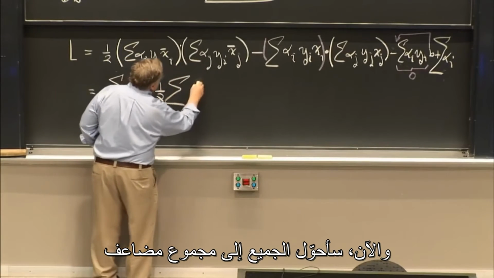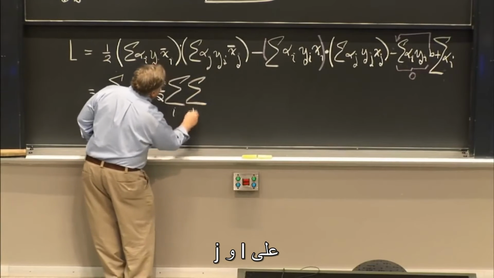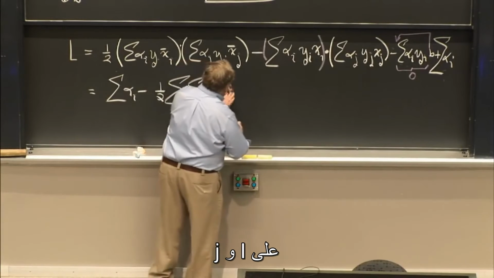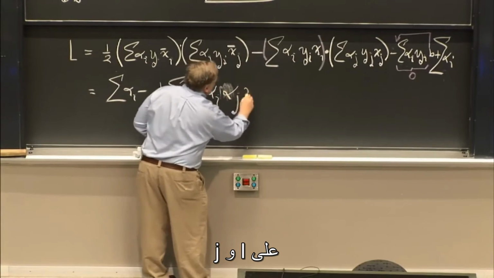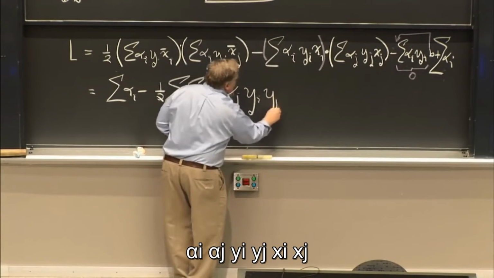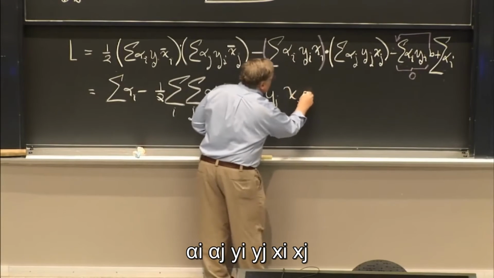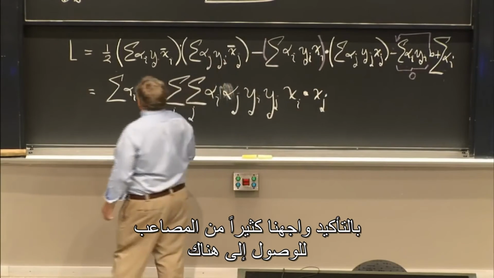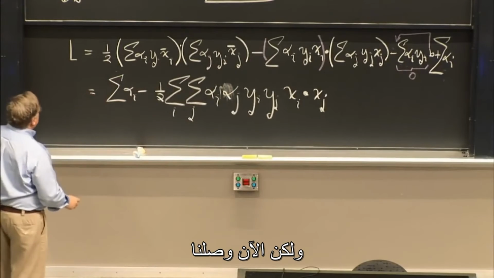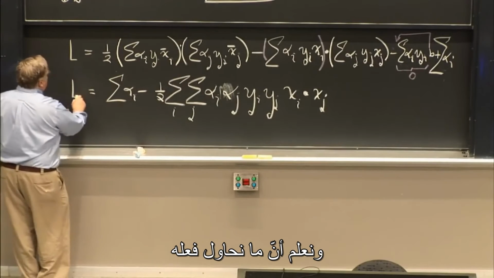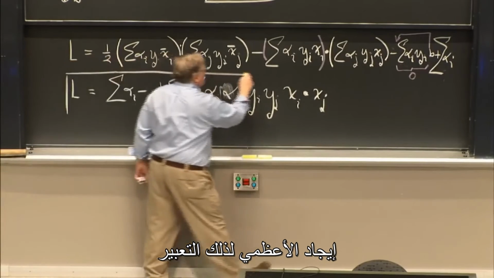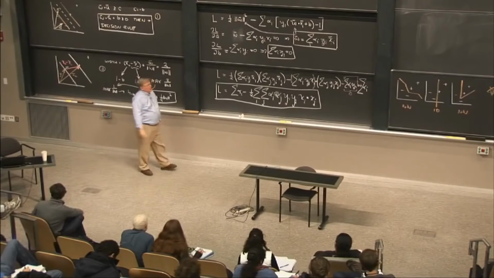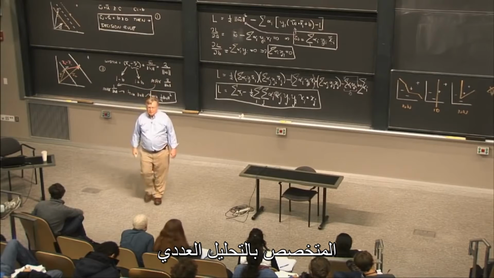And now I'll just convert that whole works into a double sum over both I and j of alpha I times alpha j times y sub I times y sub j times x sub I dotted with x sub j. We sure went through a lot of trouble to get there, but now we've got it, and we know that what we're trying to do is find a maximum of that expression. And that's the one we're going to hand off to the numerical analyst.